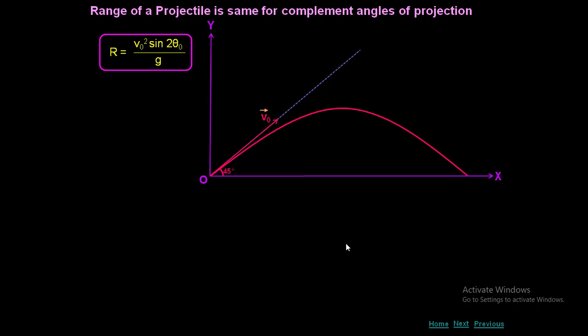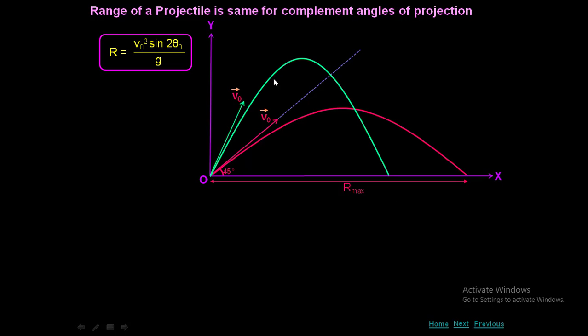I am going to throw an object here by making an angle 45. So this is the horizontal distance traveled by the projectile. Now I am going to change the angle a bit, that is R maximum actually. If I change the angle, you can see that the range is not maximum, it is less. Let the change from 45 degree be alpha. Another angle.